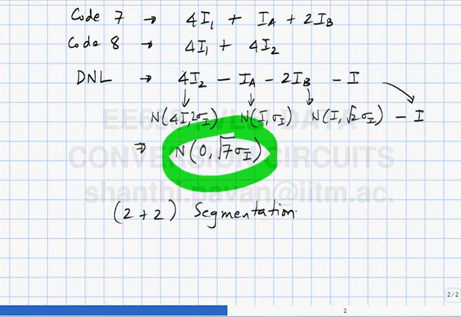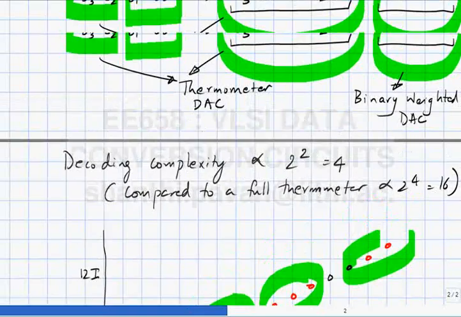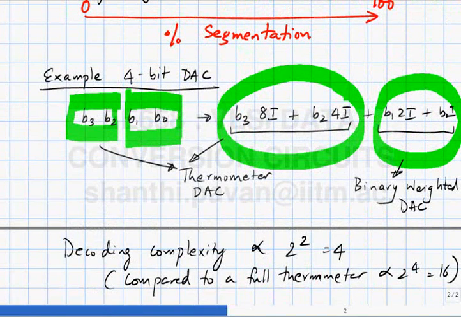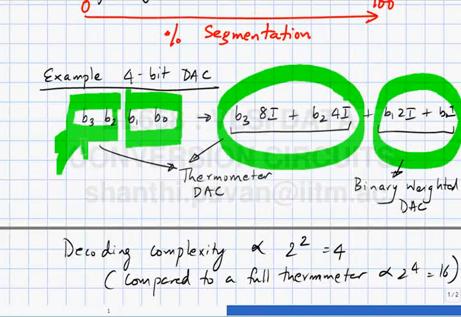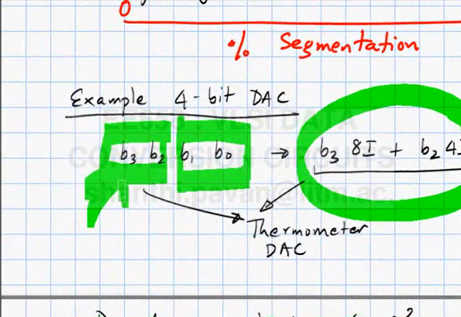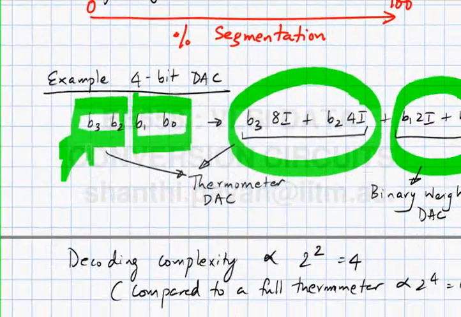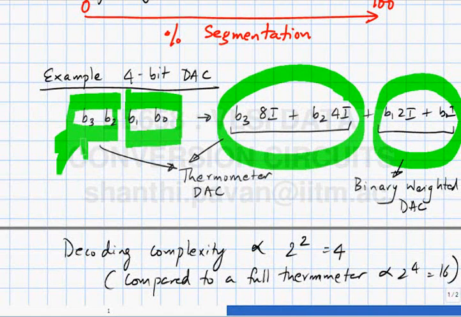We just discussed realizing B3, B2 as a thermometer and B1, B0 as binary weighted. An equally valid approach at first seems to be, why should we particularly single out B3 and B2 to be implemented in a thermometer fashion? We could have said B3, B2 would be binary, and B1, B0 will be thermometer. So any comments on that?